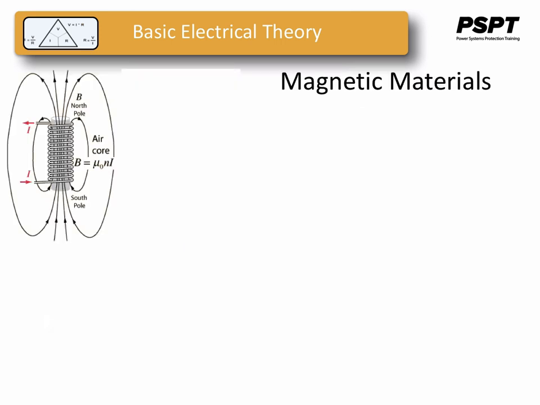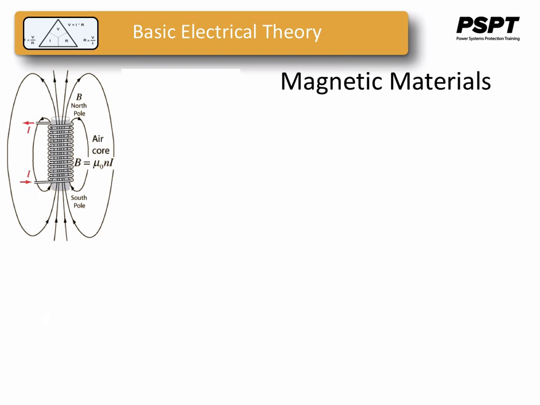In the ideal situation where we energize a coil of wire in air or in a vacuum, the flux produced is linearly related to the input current. Hence, the flux and the flux density are also linearly related to the input current.